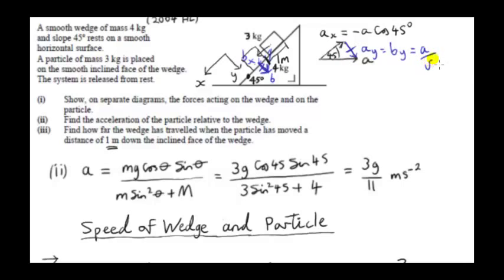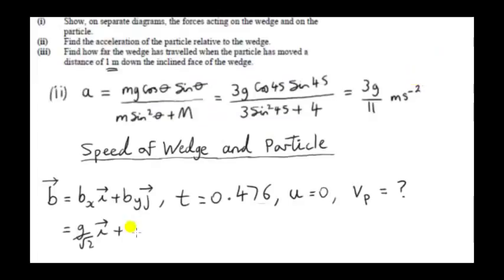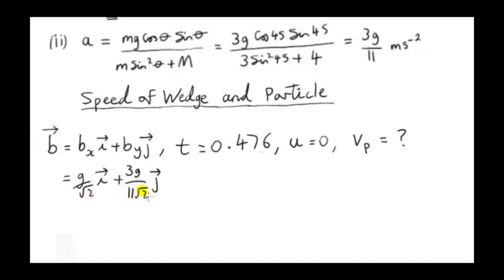So that's a over root 2. So we've a over root 2, where the acceleration of the wedge is 3g over 11. So we have to divide 3g over 11 by root 2. So we get 3g over 11 root 2. Okay, so that's our acceleration vector.